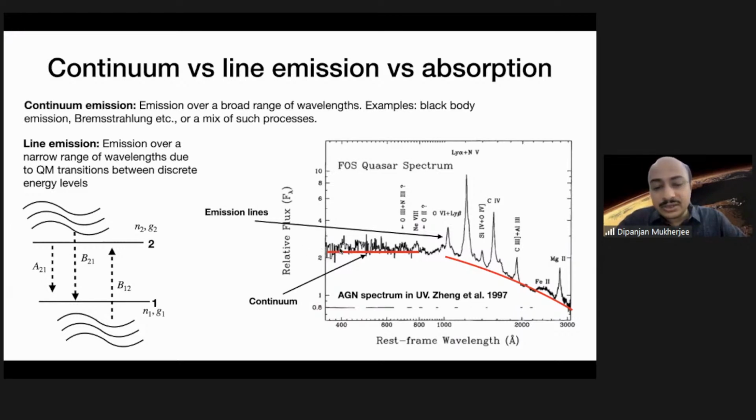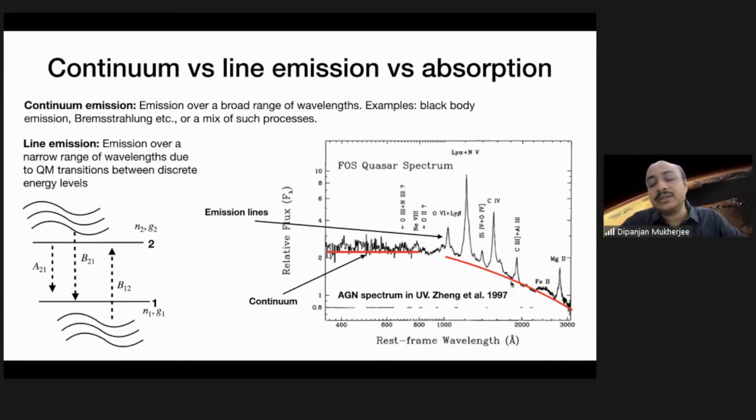The emission here is not zero, because you are still receiving some amount of energy in these wavelengths, but you don't have them in the form of finite lines. So these transitions are due to discrete transitions between two discrete levels, and that's why these are emission lines. But these are continuum emission due to several kinds of processes.